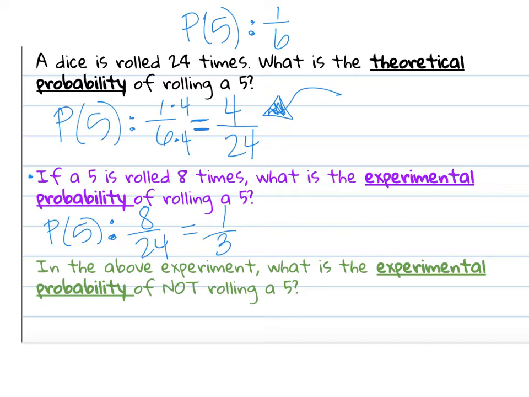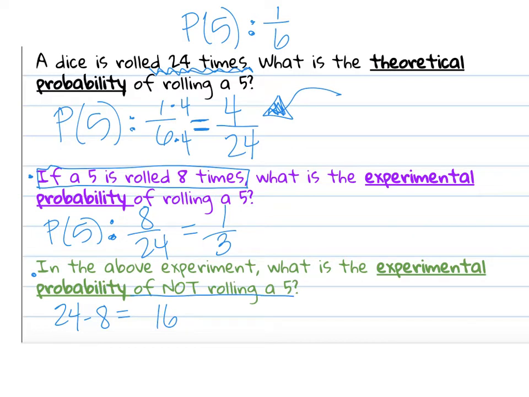In the above experiment, what is the experimental probability of not rolling a 5? So if I rolled a 5 8 times and I rolled it a total of 24 times, that means I do 24 minus 8 and I get 16. So that means 16 times I did not get a 5.